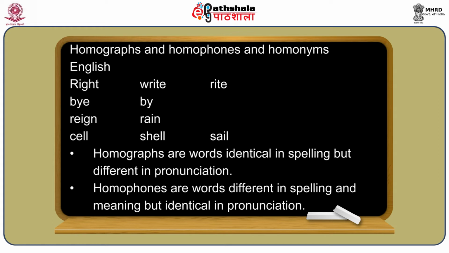When we compare all these three types of words described above, we find that homonyms are words identical in both spelling and pronunciation and have different unrelated meanings. The homographs are words identical in spelling but different in pronunciation. These again have different meanings, and homophones are words different in spelling but identical in pronunciation and also have different meanings.